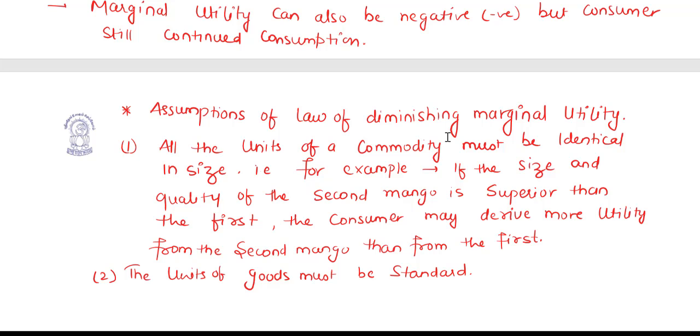I'll quote an example over here: a cup of water, a bottle of cold drink. So these units must be standard. If you are giving someone a cup of water the first time, for the second time you should give the cup of water only.